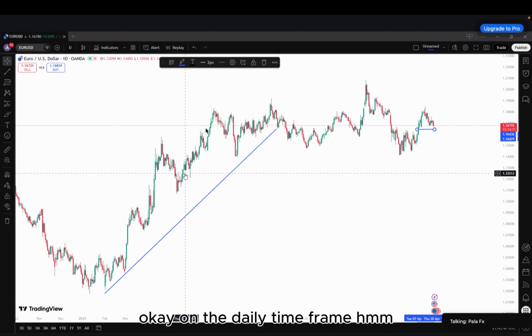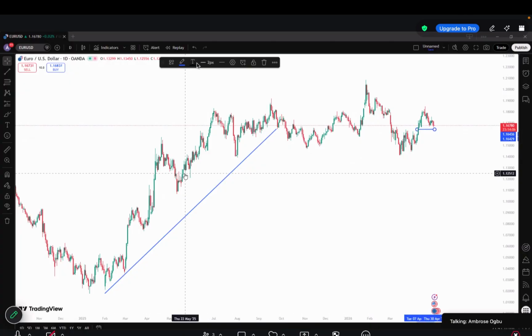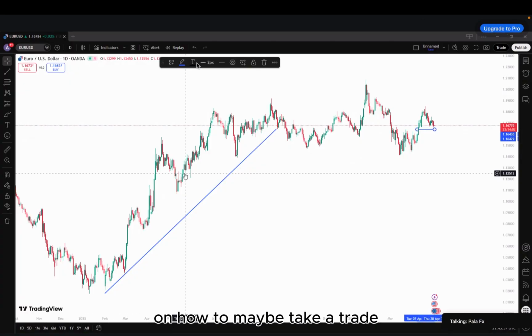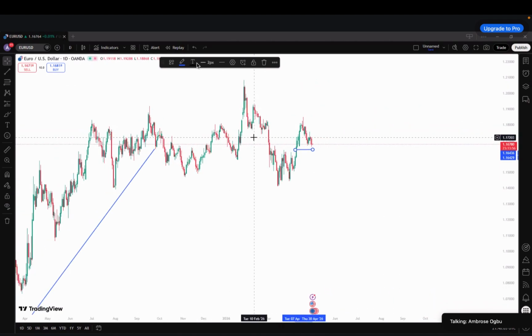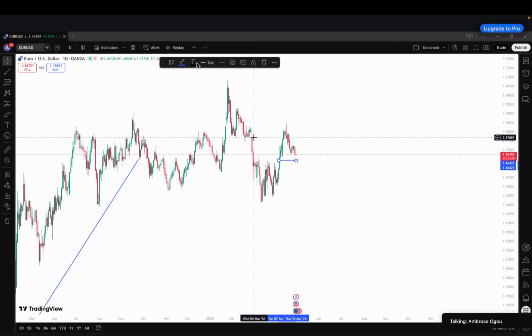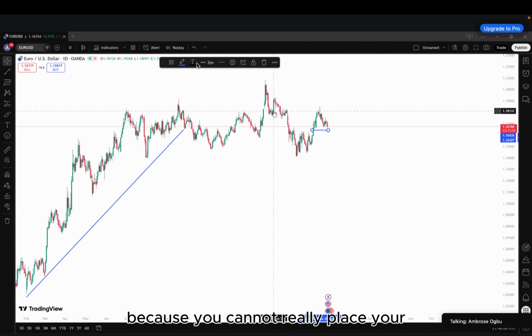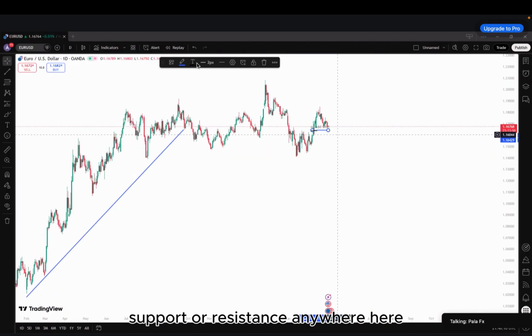Okay, on the daily time frame, we could spot that there was an uptrend. But there's not really much you can work with here on how to take a trade that will work currently, because you cannot really place your support or resistance anywhere here.